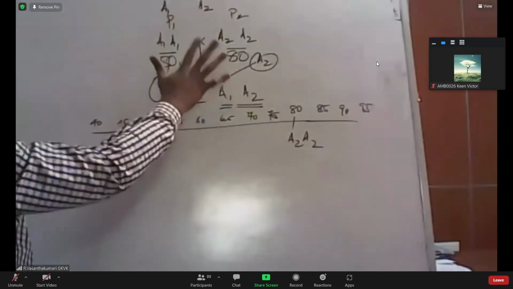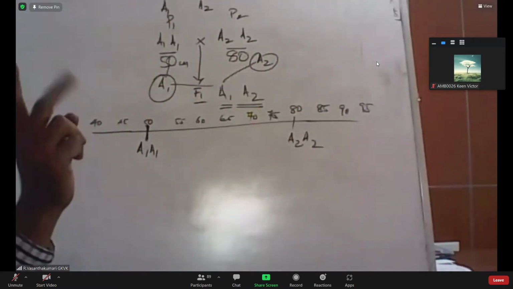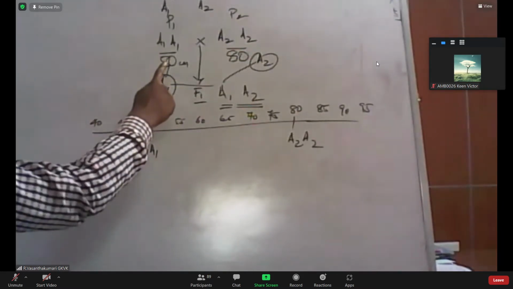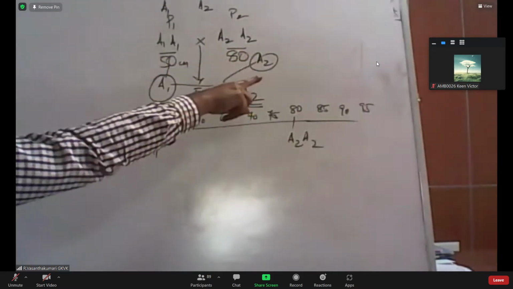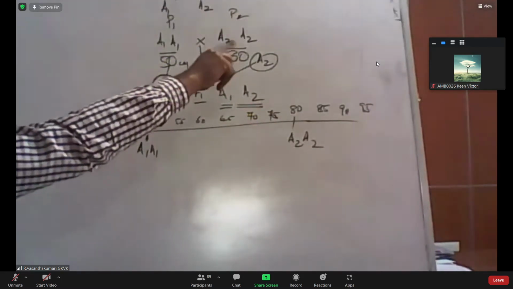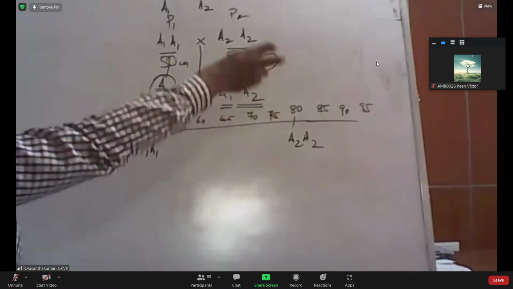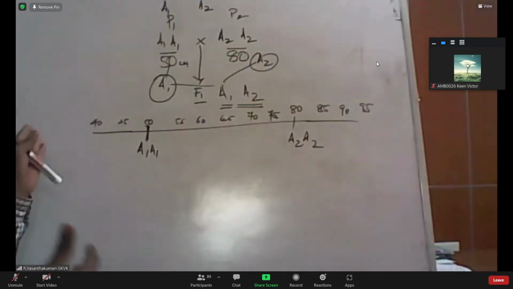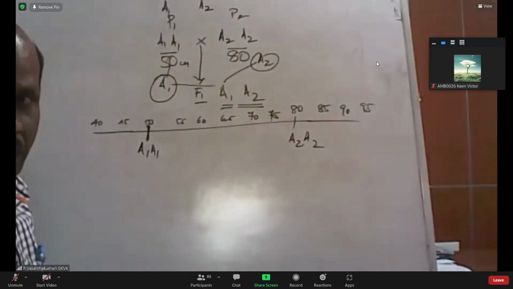Now, all this is understood. You have chosen two parental lines. One parental line, A1, has a mean plant height of 50 centimeters. Another parental line, A2, has a mean plant height of 80 centimeters. You made a cross, you have the F1. Now, the mean plant height of the F1 heterozygote can assume any value on the scale.